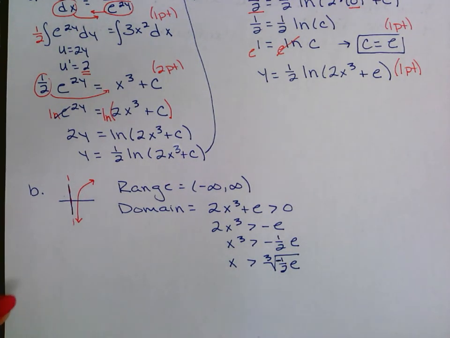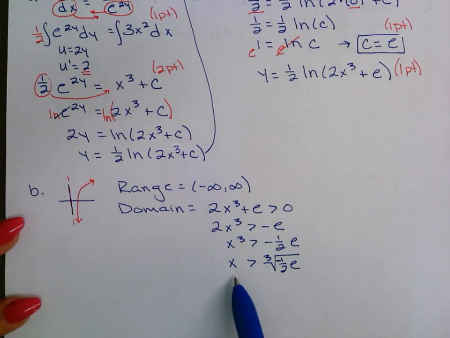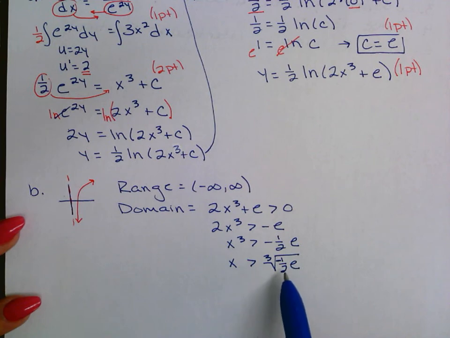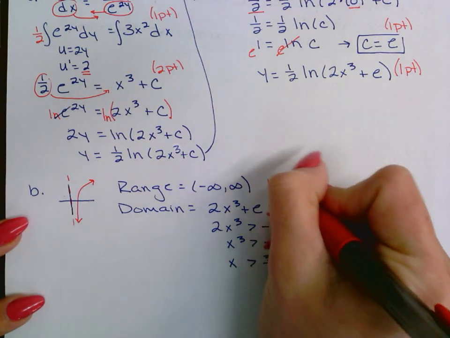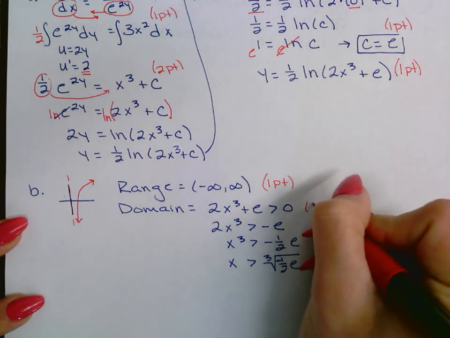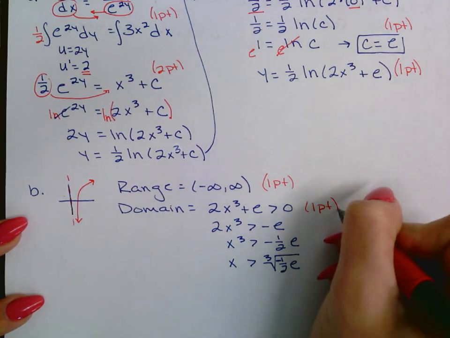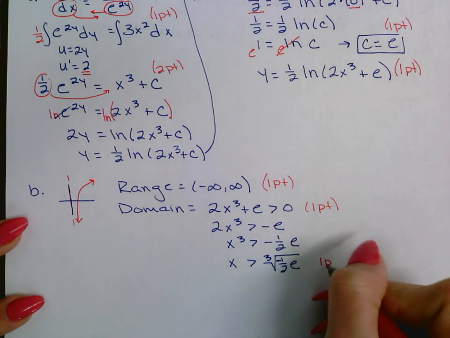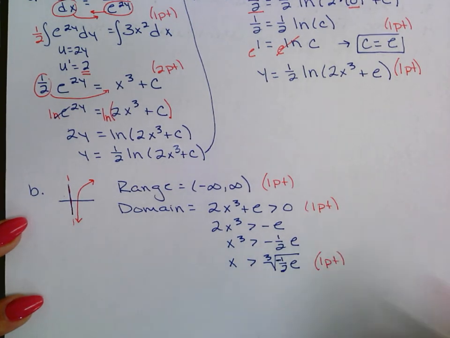Okay? So your domain is that x's have to be greater than the cube root of negative half of e. Okay? And here you would score 3 points. 1 for the range, which was a lot simpler. 1 for setting up your inequality and understanding that concept. And then 1 for your final answer for a domain.